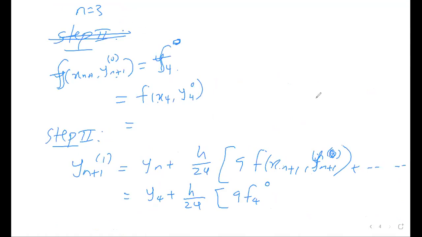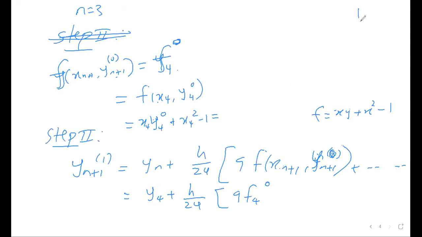What is our function actually? The function is equal to xy plus x squared minus 1, isn't it? So here I can put x4, y4 of 0, plus x4 squared minus 1. What is x4?